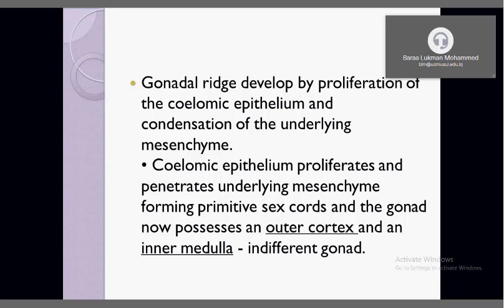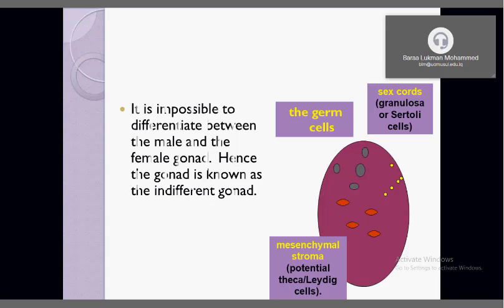So after migration of the germ cells, the gonad develops by proliferation to form an outer cortex and inner medulla, and this is similar in both male and female at this stage. Later, in the differentiated stage, we will see that the cortex becomes prominent in the ovary, while the medulla degenerates or regresses, while in the male the opposite is true. There is a proliferation of the medullary component, while the cortex degenerates.